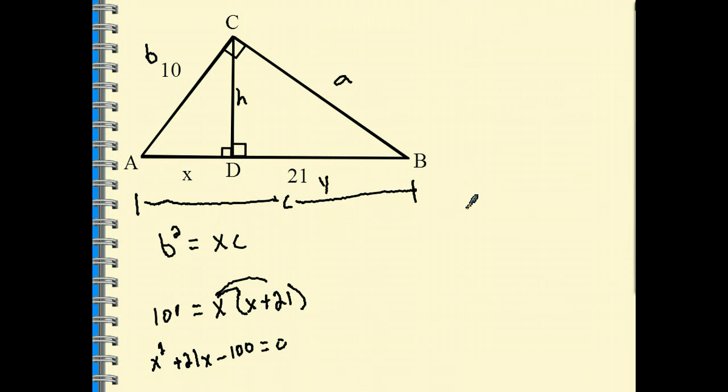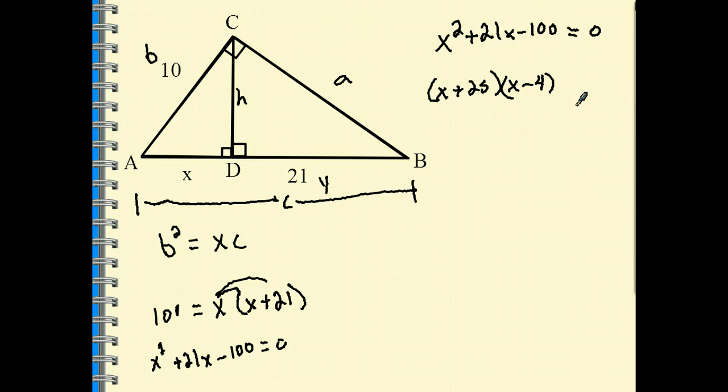You can use completing the square, the quadratic formula, or you can factor. This one can be factored into x plus 25 and x minus 4, because 4 times 25 is 100, and 25 minus 4 is 21.